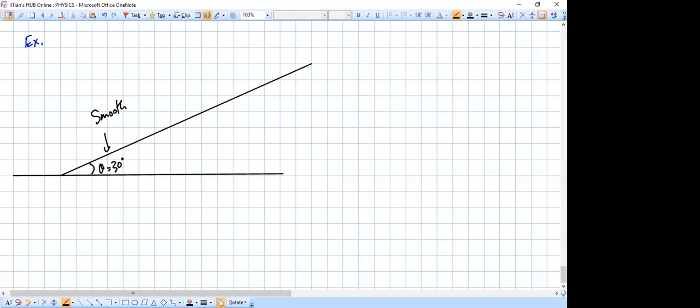Now we have a combination of two blocks like this, block A and block B, and also an external force that we are applying parallel to the inclined plane like this. So this is given to us.